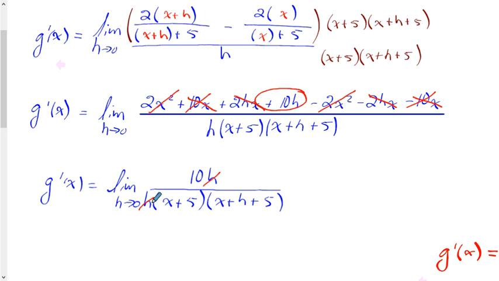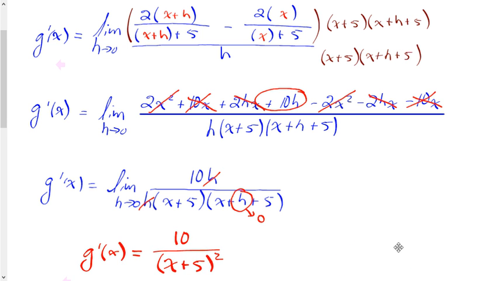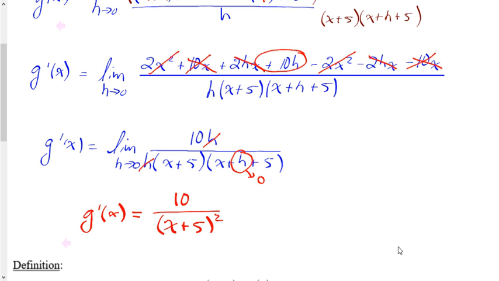And now this h can approach 0. So my numerator will have a 10. My denominator will have an x plus 5 times an x plus 5. Giving us this function, 10 over x plus 5 all squared.